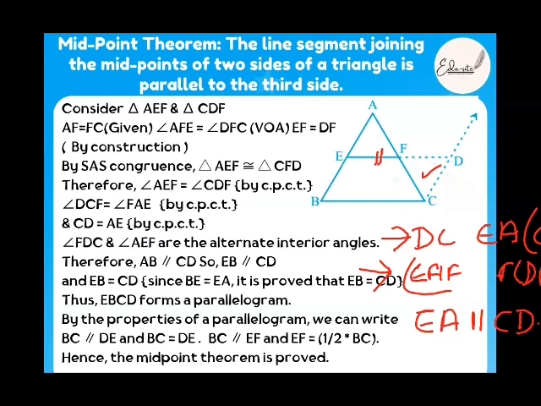If EA is parallel to CD, then the whole line EB also becomes parallel to this whole line. So this is parallel to this, and this is parallel to this. This is the thing that you have to know.